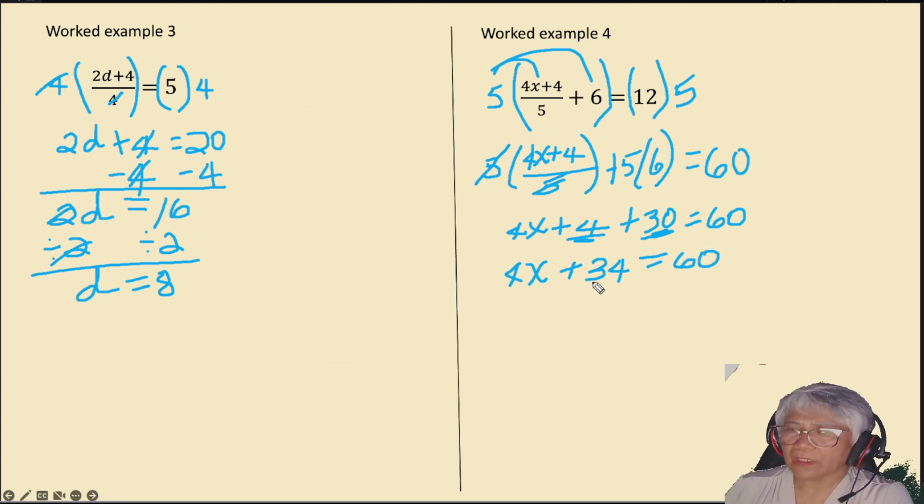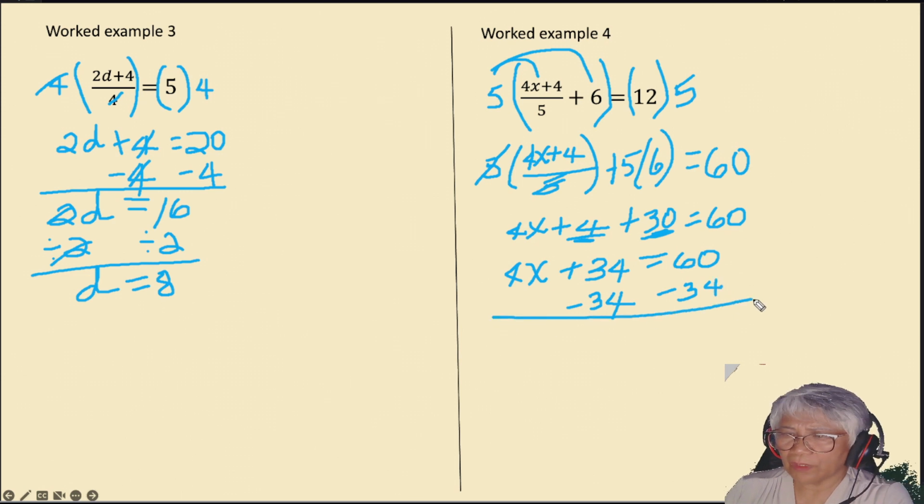Get rid of the 34 by way of the inverse operation. So you have 34 there, and this one will be 0. So 4x is equal to 26. This is times, so we need to divide by 4, divide by 4.